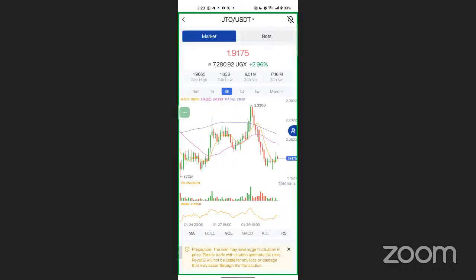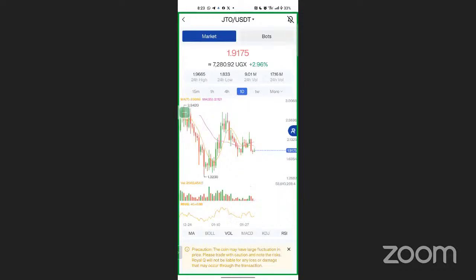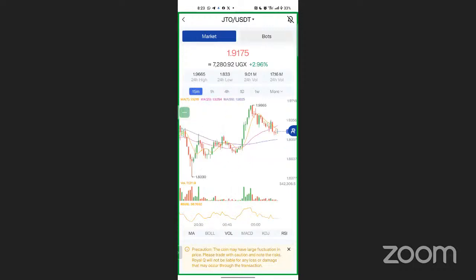And we see candles trying to form above the 7 moving average in the 1 day. But if you go maybe 15 minutes, there is a death cross, so the market might retrace a little bit. But then retracements are also very important for maximization of profit.